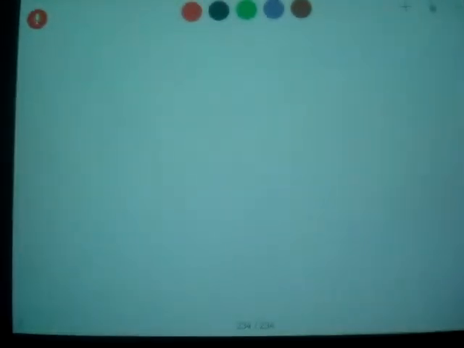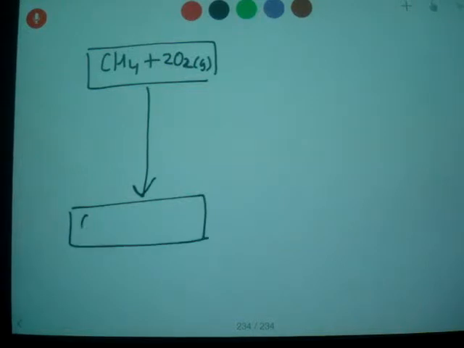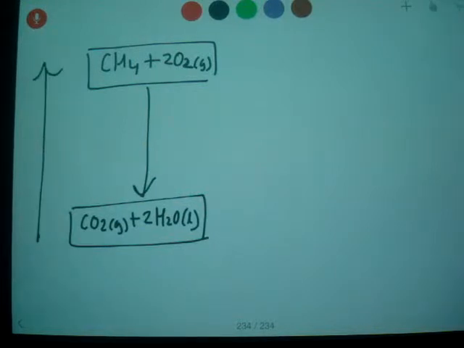Let's say we have methane, CH4 gas, and when it combusts in the presence of oxygen gas, it produces CO2 gas and 2 moles of H2O in liquid form, right? And this is enthalpy I'm going to write.